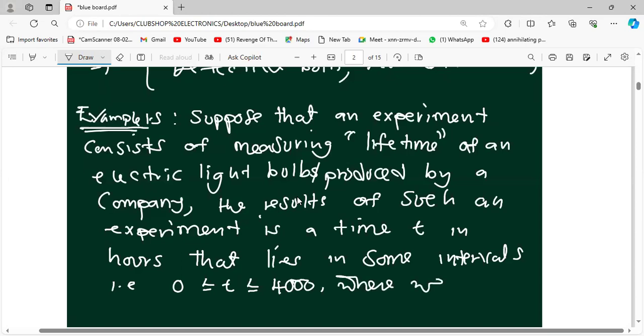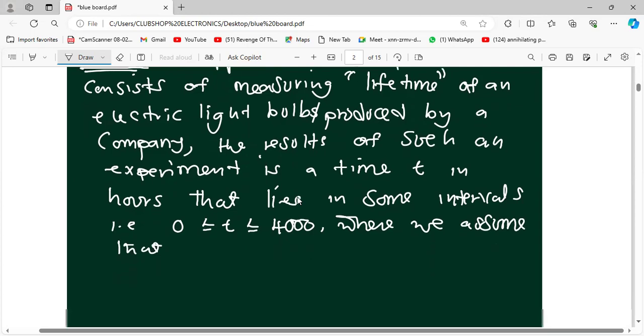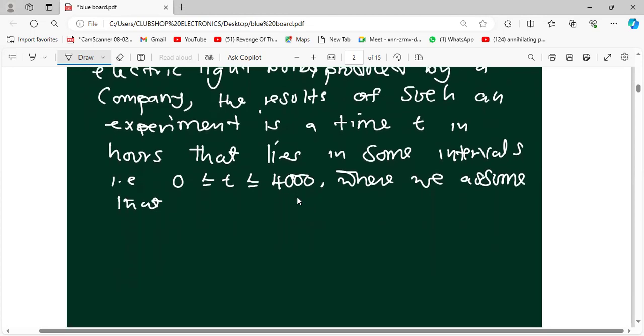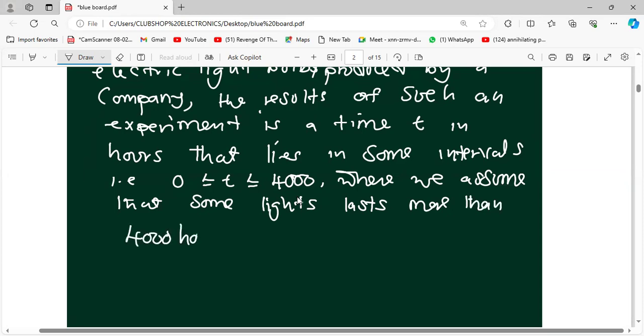Where we assume that some bulbs may last more than 4,000 hours.